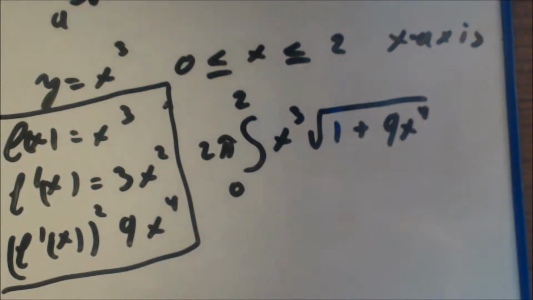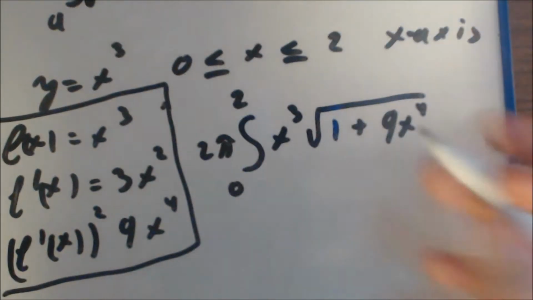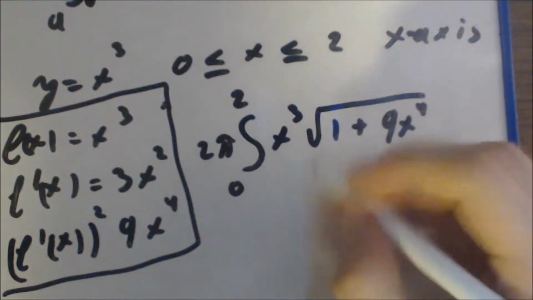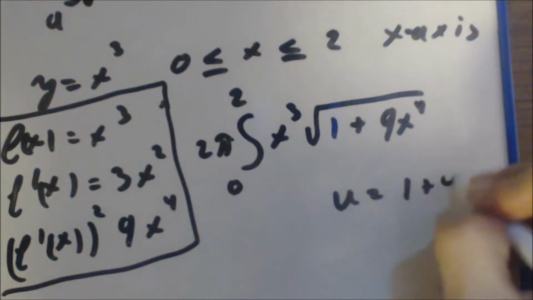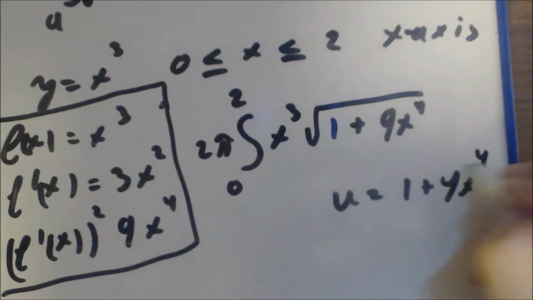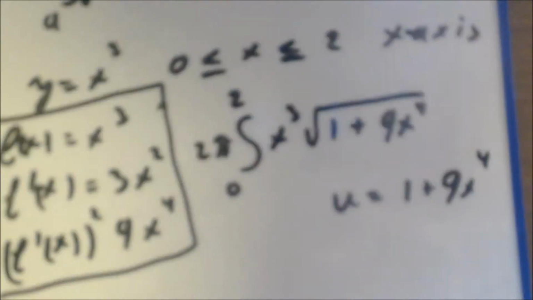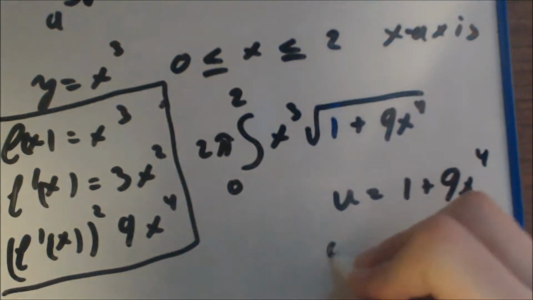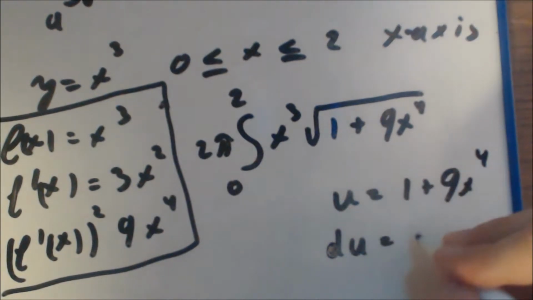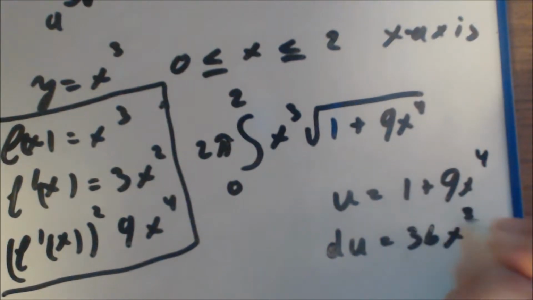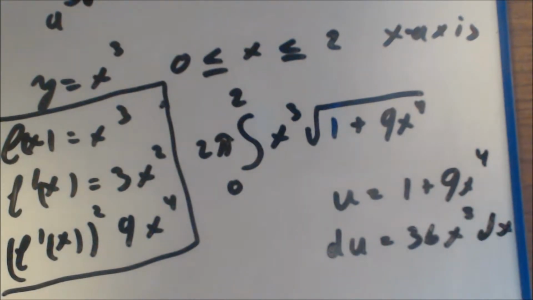Now, building on our skills with u-substitution, we're going to make u equal to 1 plus 9x to the fourth. Conveniently, du is going to be equal to 36x to the third dx.